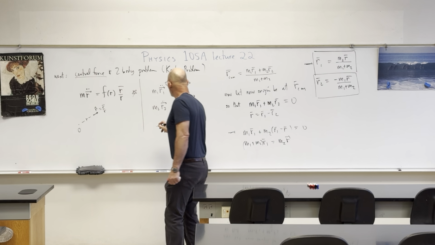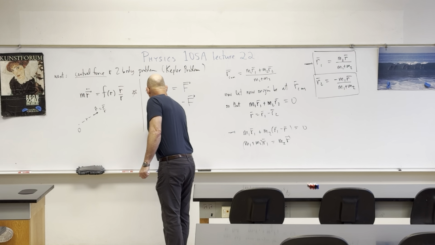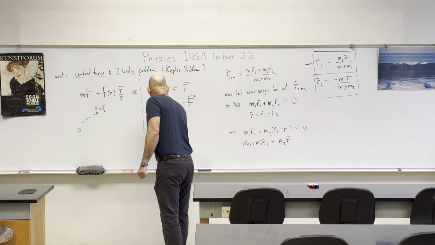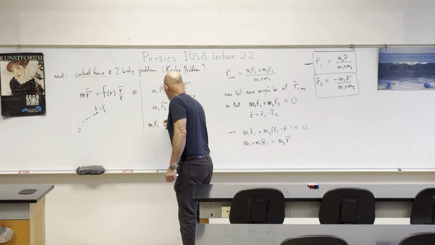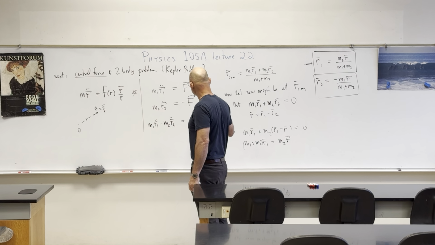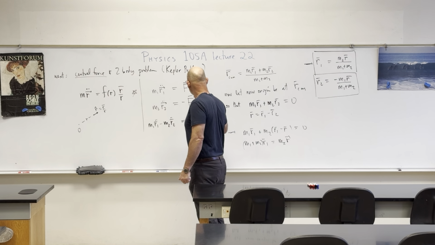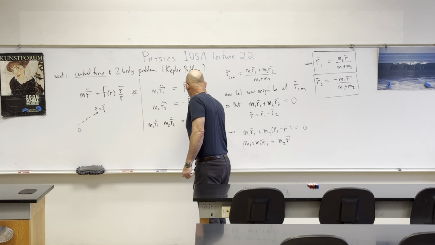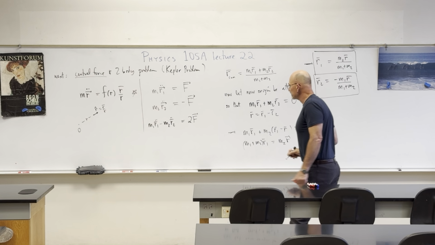Now, if we go M1 R1 second derivative minus M2 R2 second derivative, we get F vector minus negative.